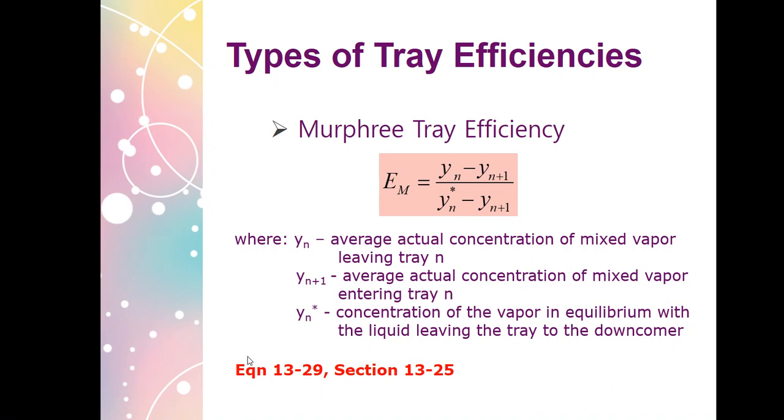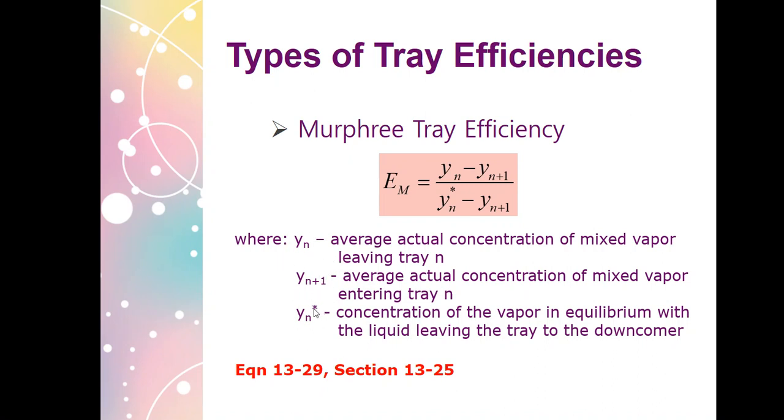The term there is average because you are actually taking all the concentrations of the vapors that leave that particular tray and taking the average of that. That's based on the tray n. The y sub n plus 1 is the average actual concentration of the mixed vapor entering. So if y sub n is leaving, y sub n plus 1 is entering.